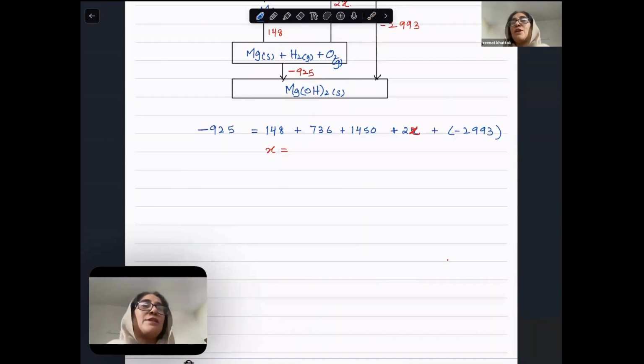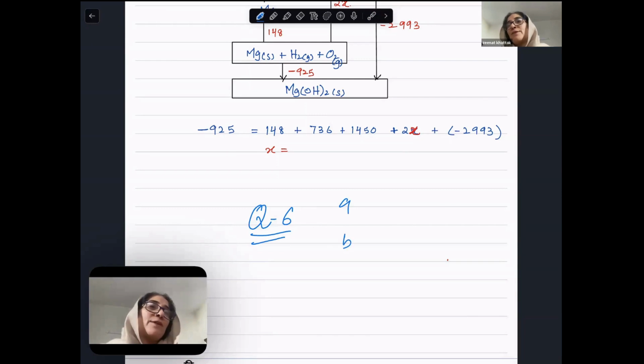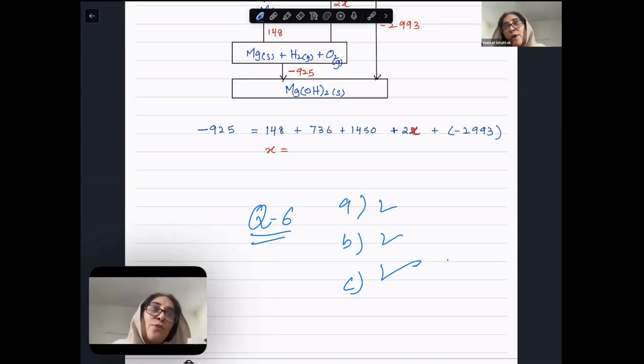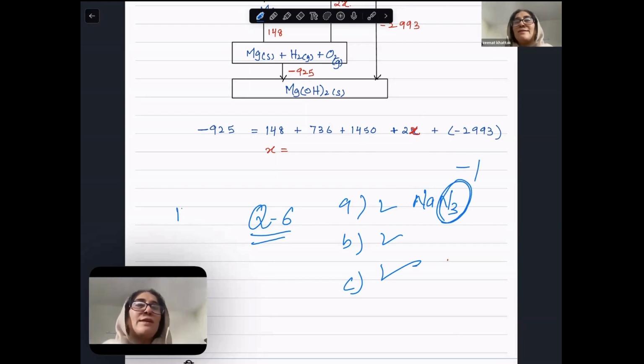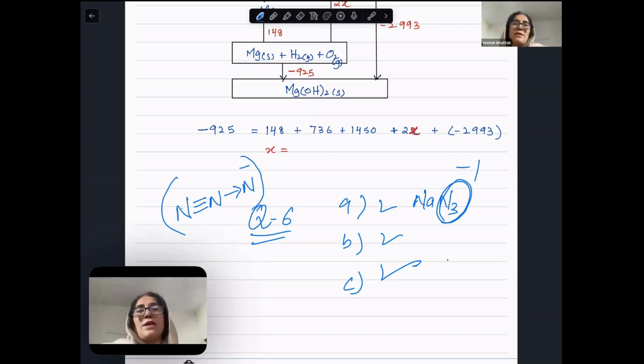In my topical, question number 6 has 3 parts from 3 different papers. In one, the question is about sodium azide, a molecular ion. Azide is 3 nitrogen with -1 charge. This is azide, this is not nitrite.